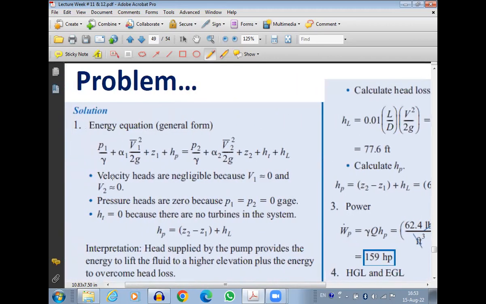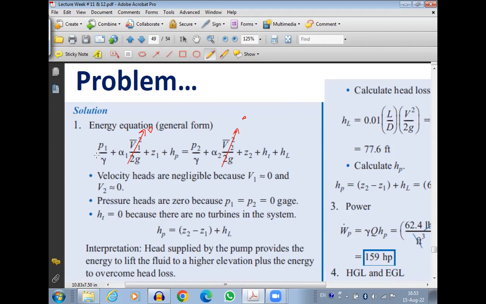Since we want to find out the head supplied by the pump, we have to solve the energy equation, the energy head equation. At both ends we have a reservoir, so velocities are considered zero. V1 will be 0, V2 will be 0.